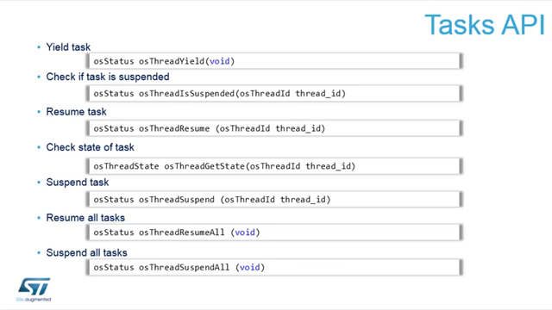You can as well resume and suspend all tasks. This is very useful when you want to stop the execution of everything and you, for example, wait for an interrupt to resume. So if you want a lower power mode, you can stop everything and, for example, on a button press, that will resume all tasks. You again return to the functionality.